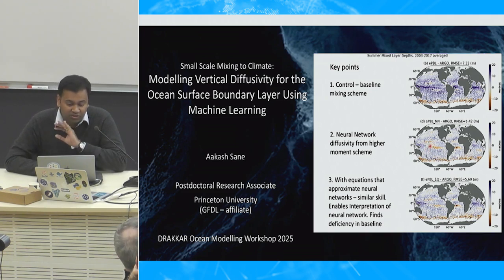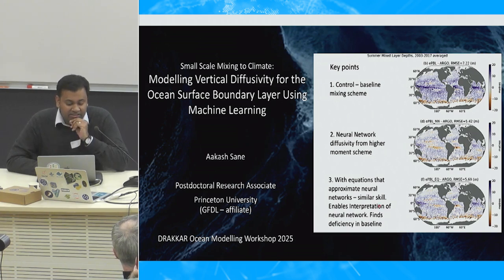And when I switched on those neural networks, the bias near the equator significantly reduced, and you can see that the dark blue patch in roughly plus minus 30 degrees is significantly reduced. On average, there is a reduction.